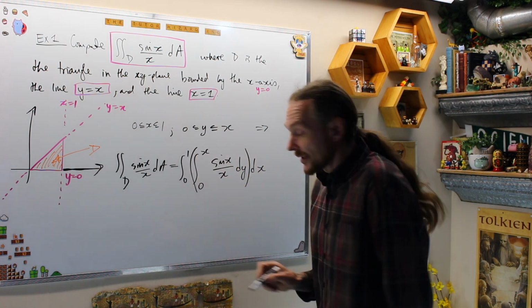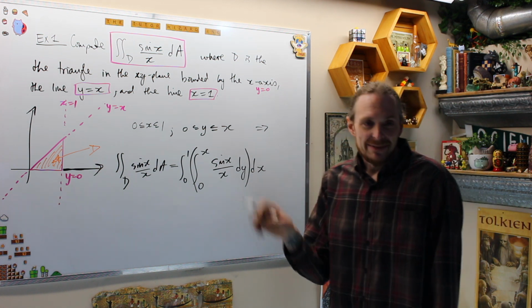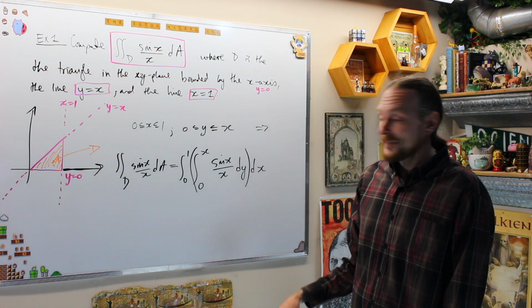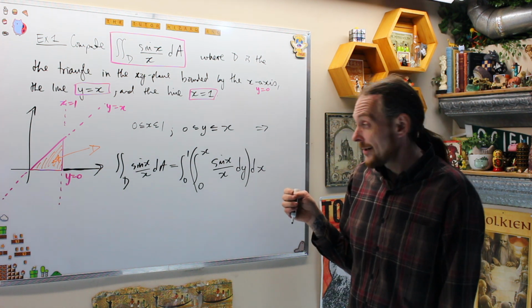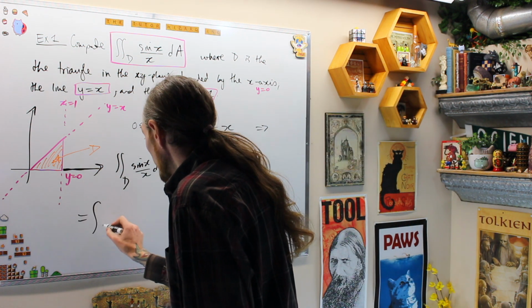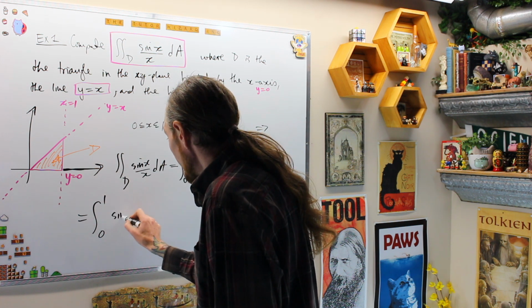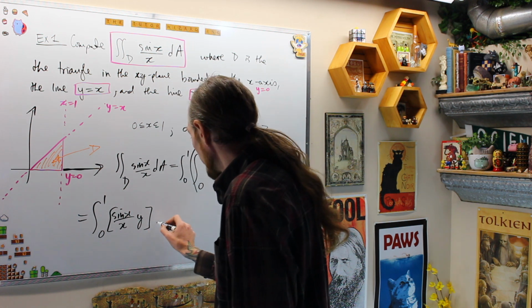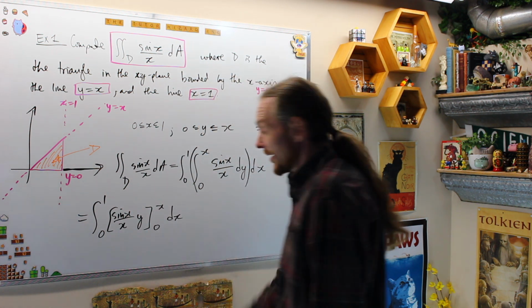And now specifically, where I put the brackets even for myself, I've done it a bunch of times, I still do it. That means I'm holding x constant, and then I'm going to integrate with respect to y. That gives me the integral from 0 to 1 of sine x over x times y evaluated from 0 to x, dx.